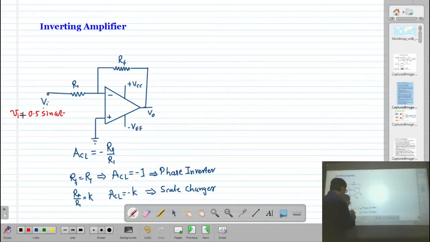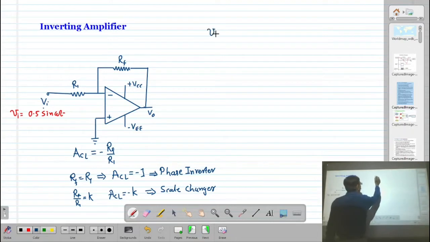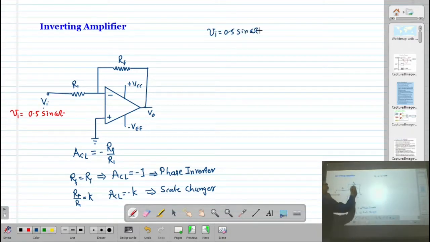Here I am taking RF equal to 10 kilo ohm and R1 equal to 1 kilo ohm. So the gain of the amplifier will be 10.